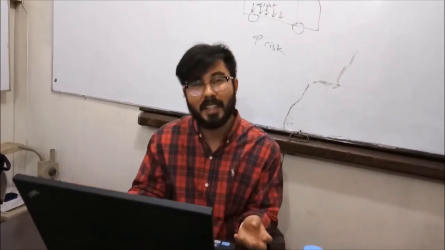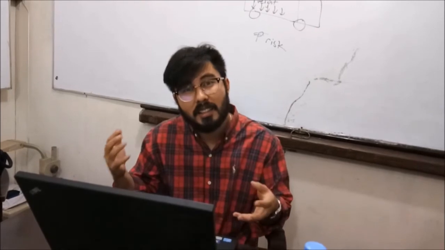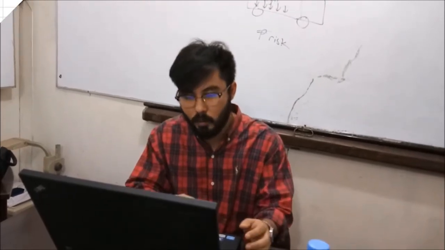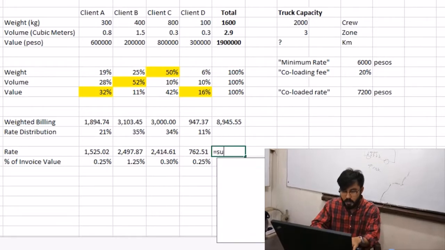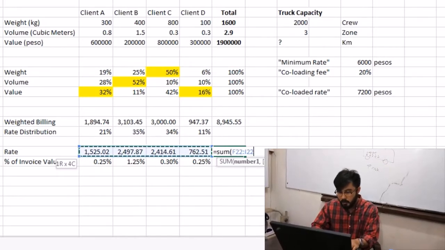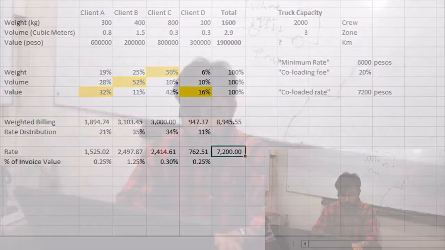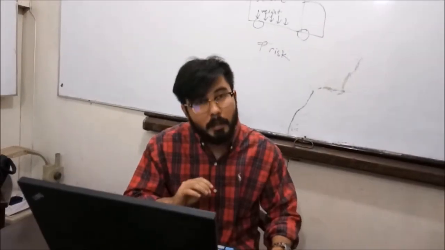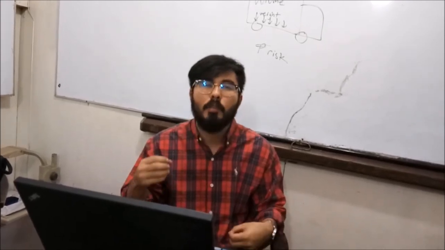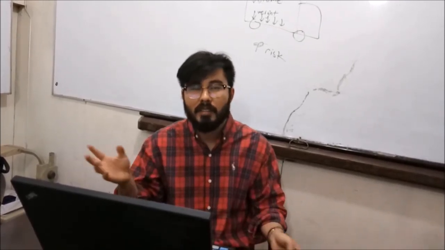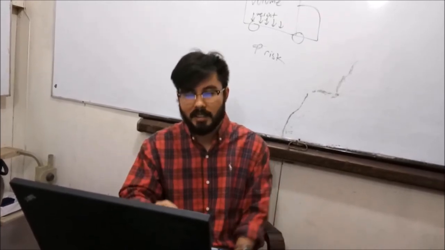We could do that kind of thing. But at least this protects us from charging too low. And if you look, of course it will sum up. Instead of our 6,000 peso minimum rate, this is now our income for that trip, simply because we manage their information in a way that could distribute the billing proportionately across different clients.